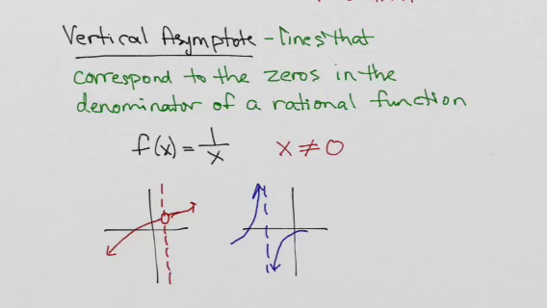So here's two different examples of what pictures could look like. First one here on the left, we could just have what's called a hole in the graph. A hole in the graph is where the graph continues on the same path. It just skips over this one spot where it's not allowed to have an answer. Other times, you can see in the second one, we get a graph that approaches but does not touch.